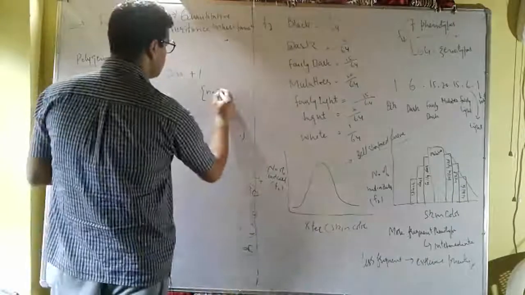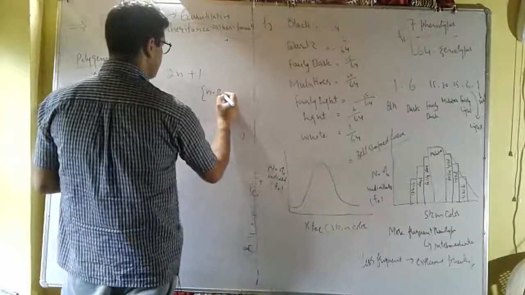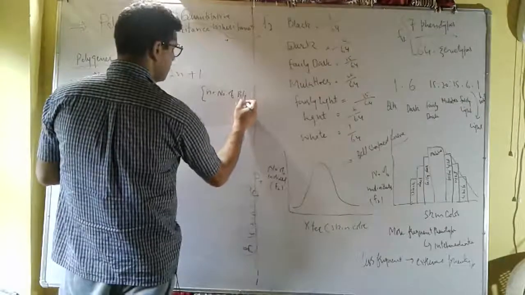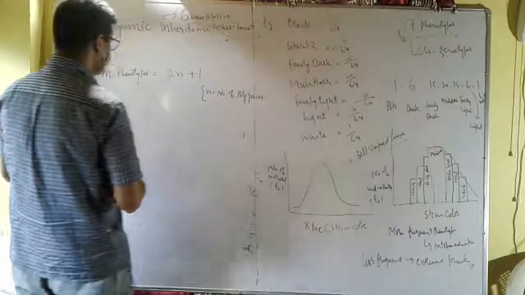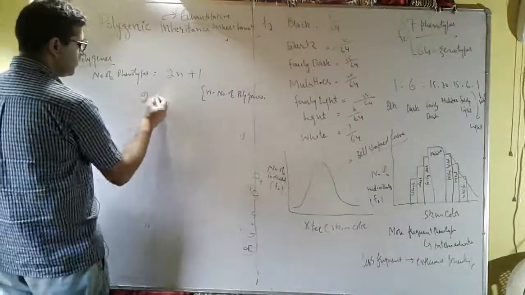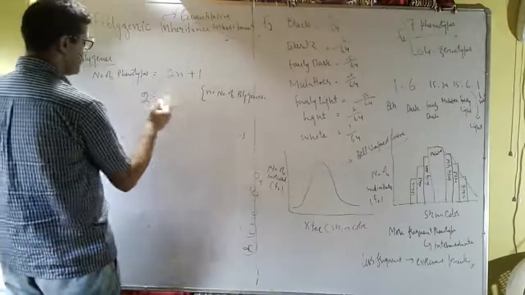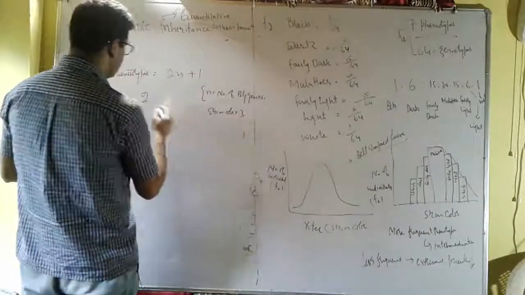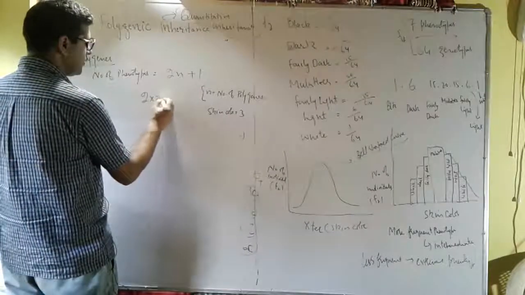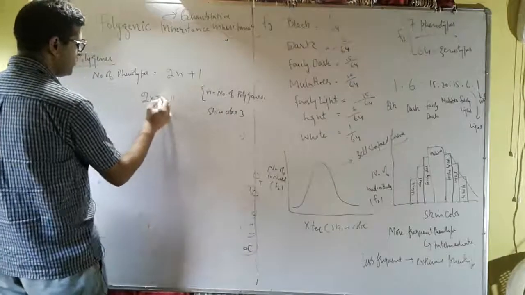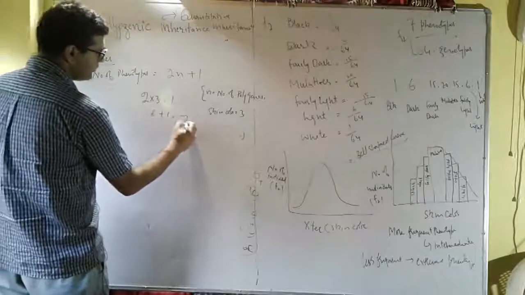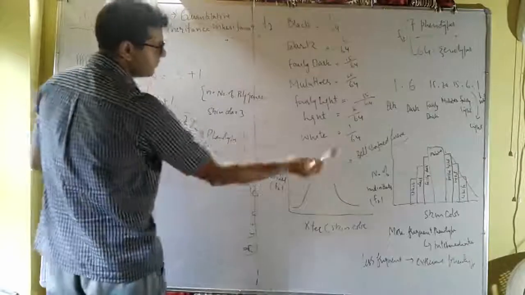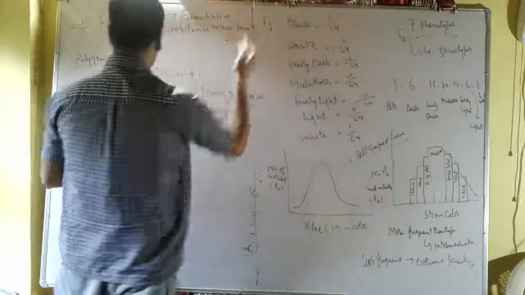How many polygenes are involved in skin color? 3. So we have 2 into 3 plus 1, that is 6 plus 1, 7 phenotypes.